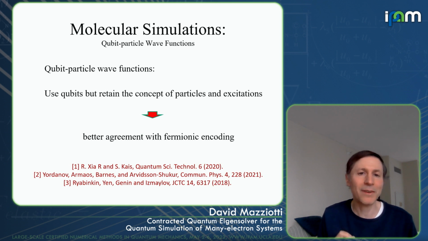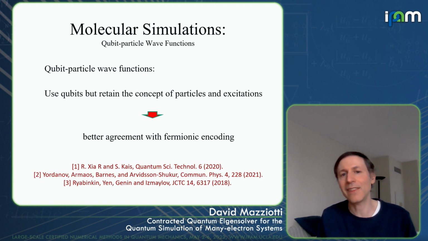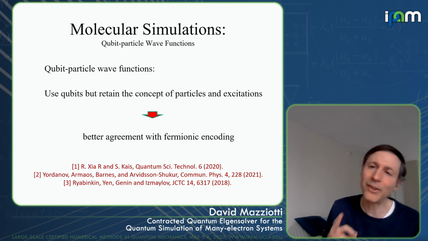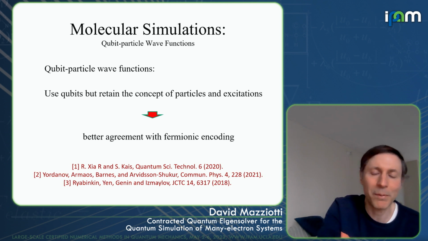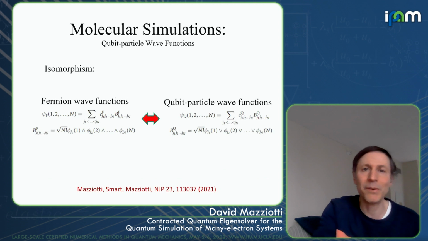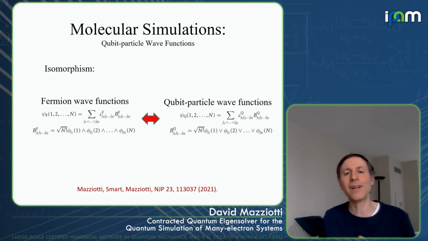A series of papers have recently emerged looking at this, work by Sabre Kais, by Barnes and Yordanov, as well as Ismailov, have all looked at some form of qubit particle wave functions with different degrees of restricting the qubits towards a particle-like picture. And so we were thinking about, okay, why does this work?